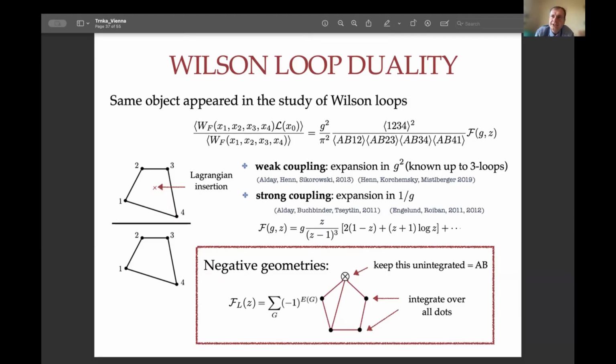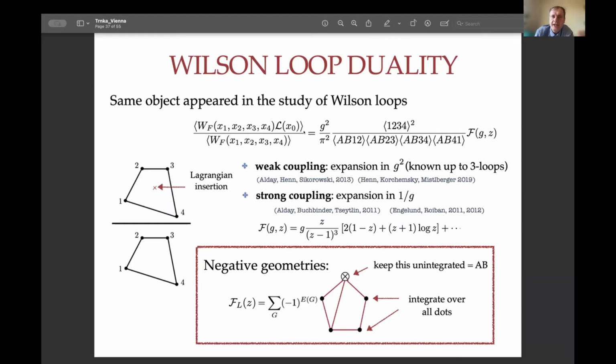And this f function here we are interested in also has the Wilson loop analog as a ratio of 2 Wilson loops, one with a Lagrangian insertion, this is this object, divided by the Wilson loop without Lagrangian insertion. And here it's also clear that in this ratio, the divergences cancel. At the level of Wilson loop, these are UV divergences, not IR, but they do cancel between these Wilson loops.